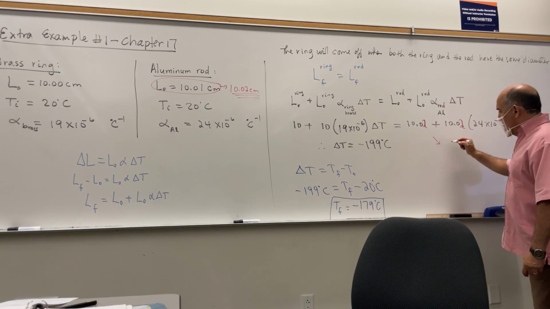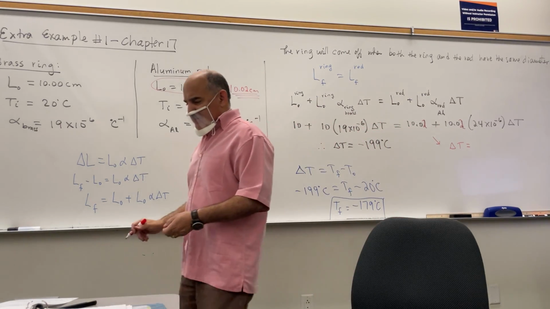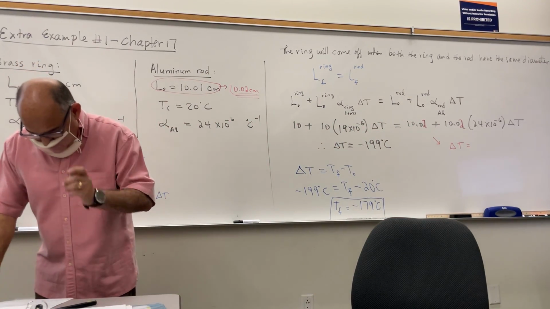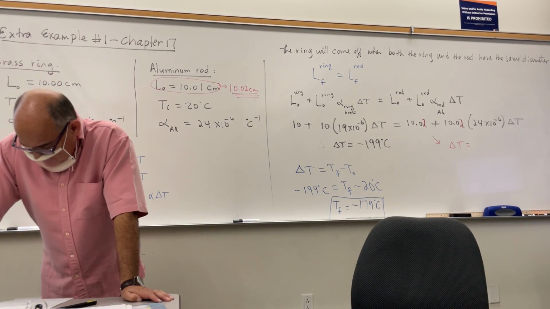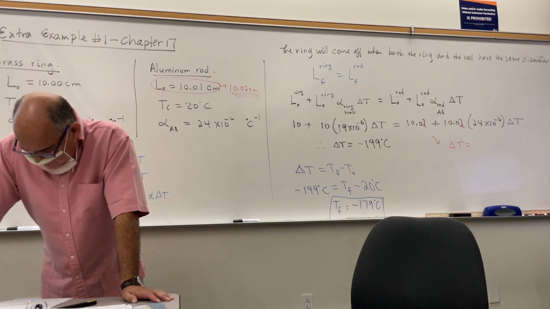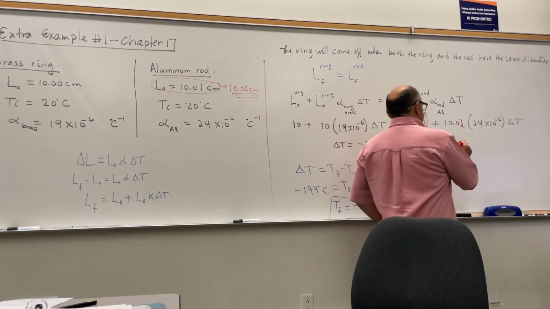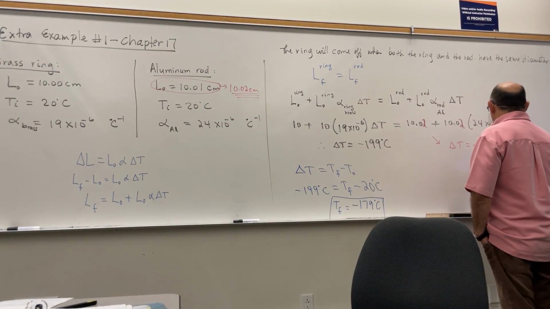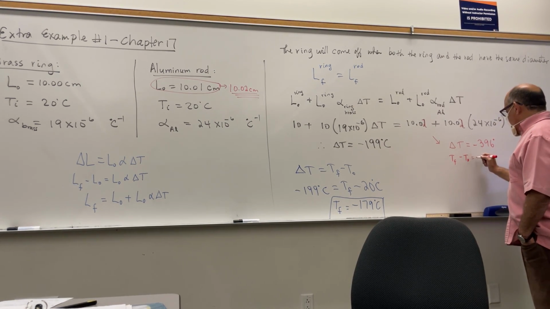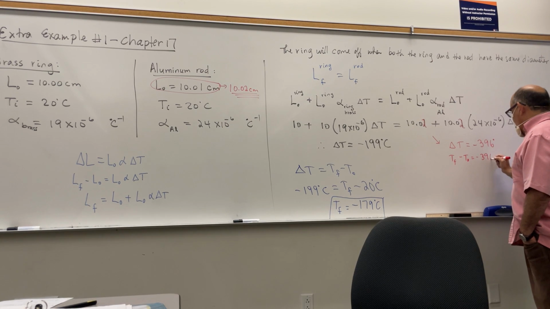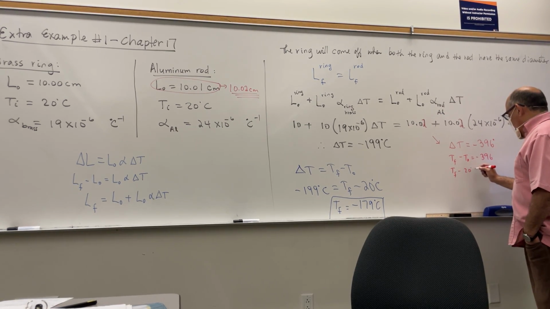And what you would get is that delta T is minus 396 is what it should be. So T final minus T initial would be minus 396, and that's T final minus the 20 degrees Celsius, right?